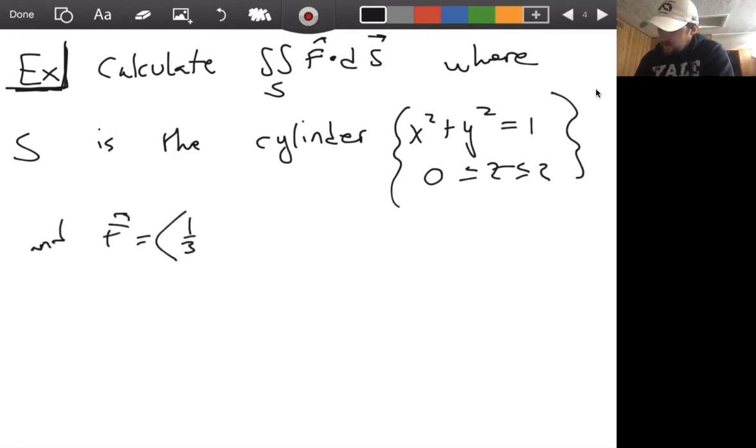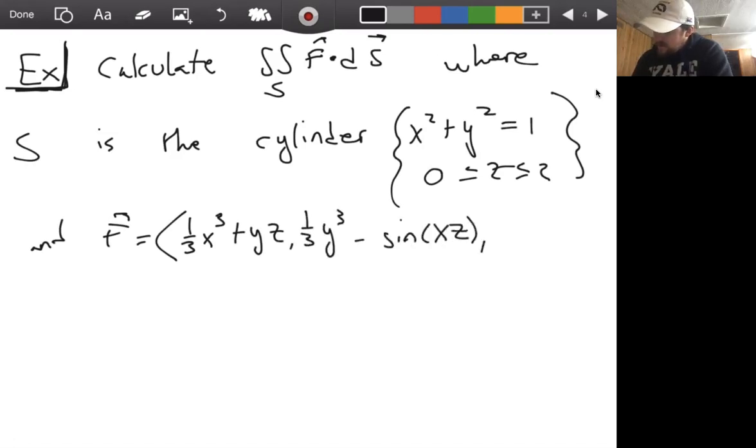We have 1/3 x cubed plus yz, 1/3 y cubed minus sine xz, and then we have z minus x minus y.